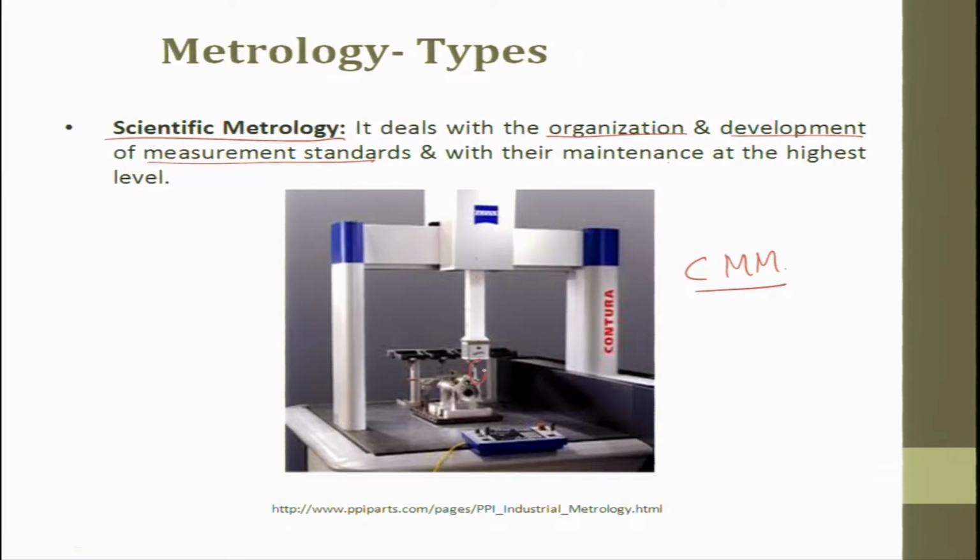Here is a probe which is used for measuring the pump housing feature details. So, it deals with the organization and development of measurement standards. It follows all the established standards with their maintenance at the highest level, which is scientific metrology.